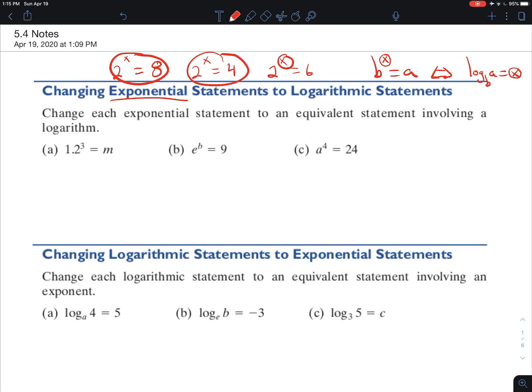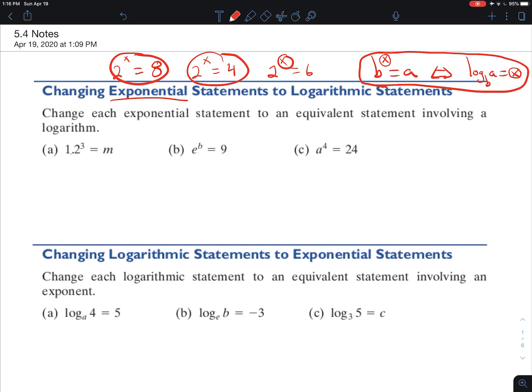They're really the same thing. So try and keep that in mind as we're doing this, because you can always write some sort of exponential statement as a logarithm. So write each of these exponential statements as the equivalent logarithm.